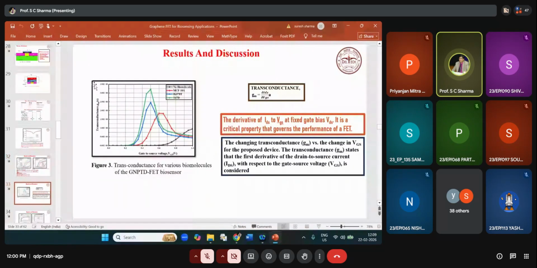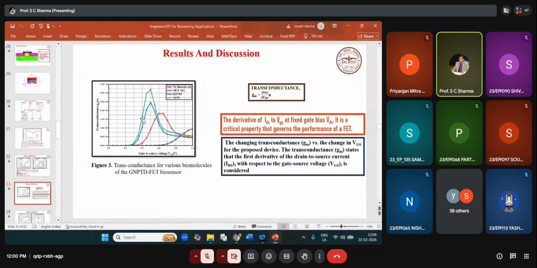Then transconductance as a function of gate to source voltage. Again the same. Black one is no biomolecules, then red one 4.5, then this one 22, and green one 32. So by increasing permittivity, the transconductance increases.